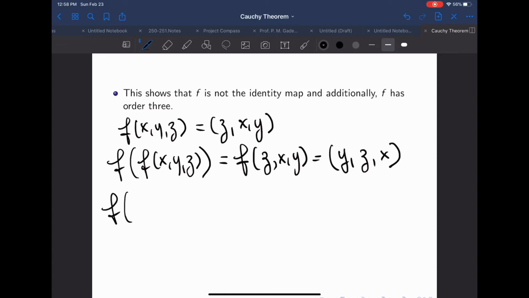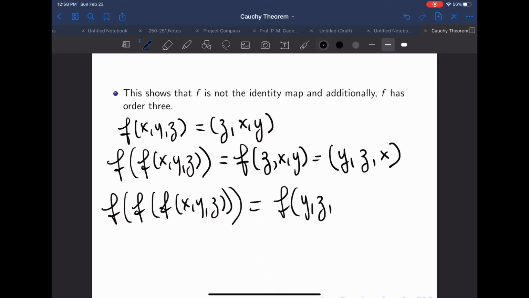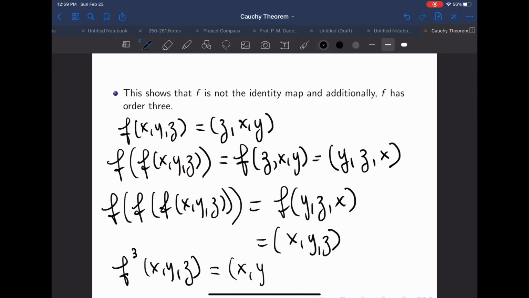And if you compute f of y, z, x, which is x, y, z. So this shows that f cubed of x, y, z is equal to x, y, z. So f cubed must be the identity map. It's the map that takes every point to itself.